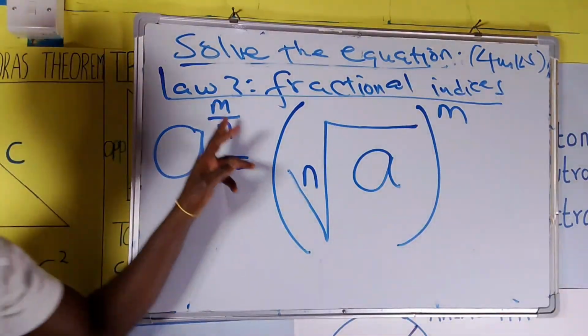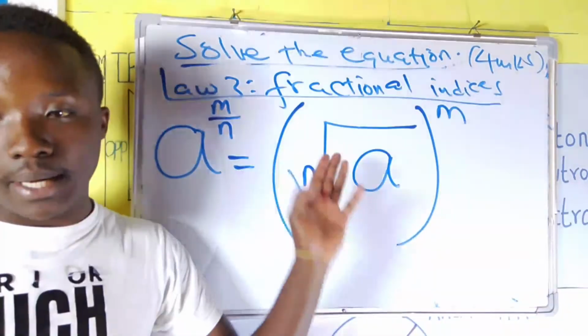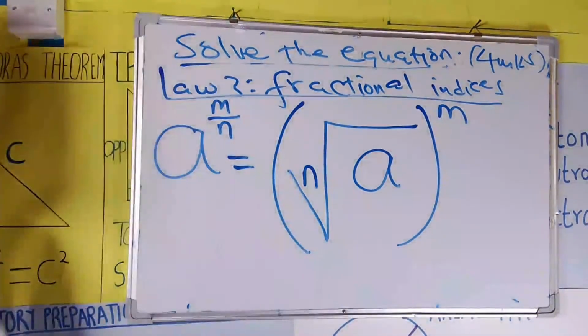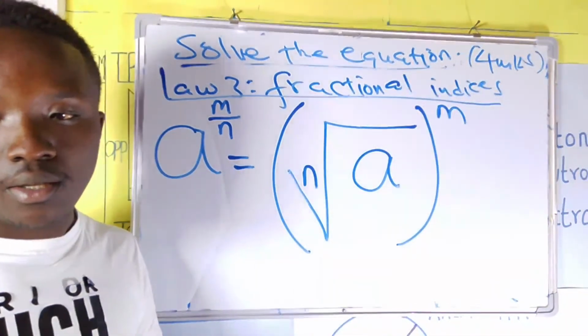A to power m over n is the same as the nth root of a to power m.